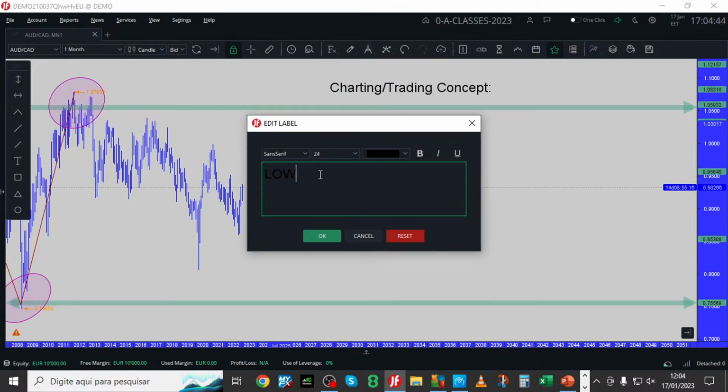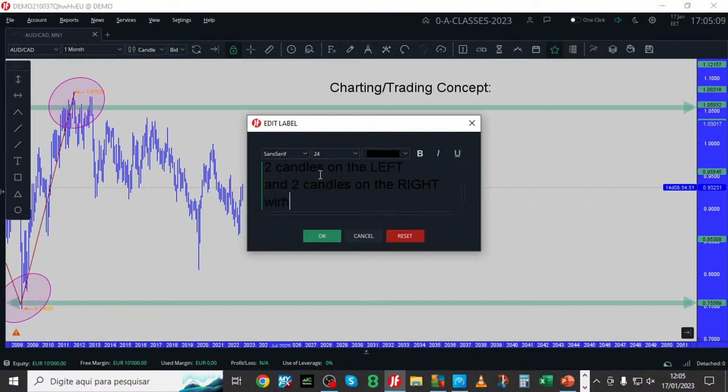A low is a center candle with two candles on the left and two candles on the right.